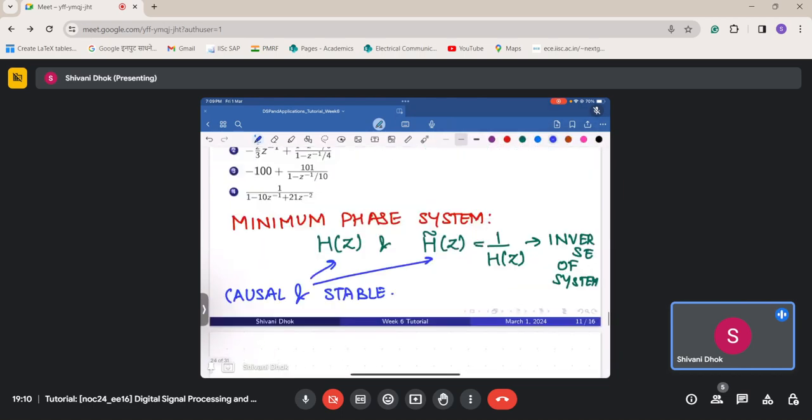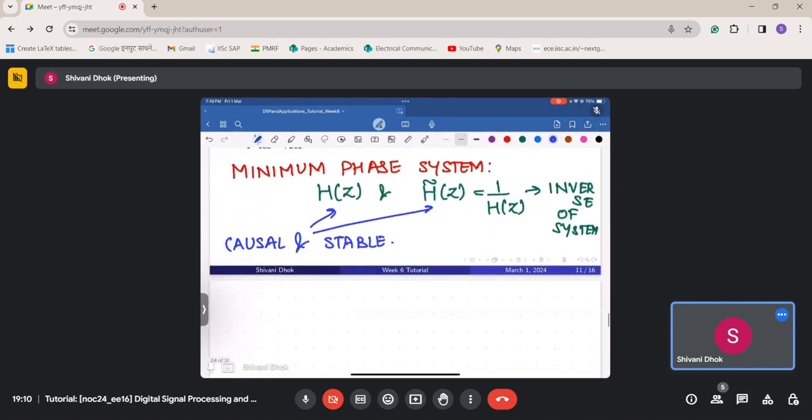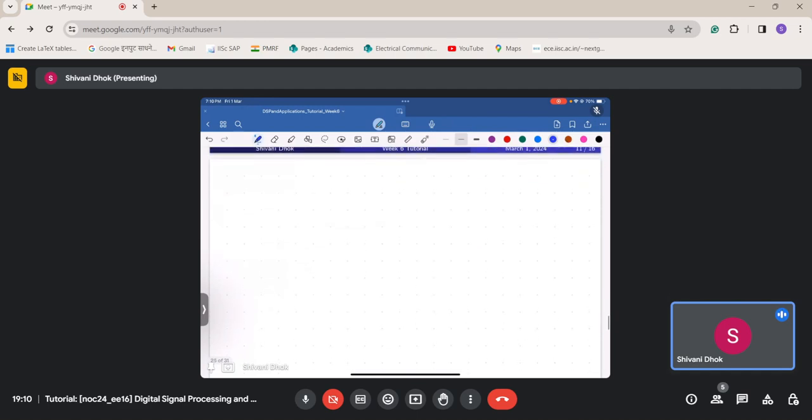Now just looking at the z transform, how can we say if the system is causal and stable? In this we'll use the concept of ROC, and what the ROC tells us about stability and causality.